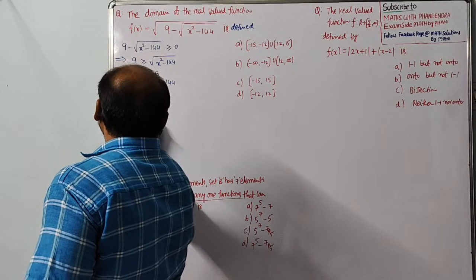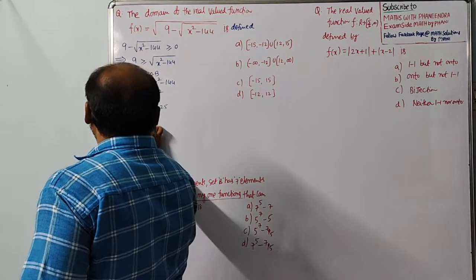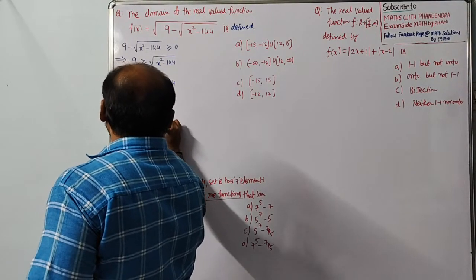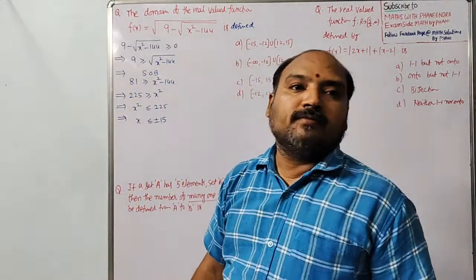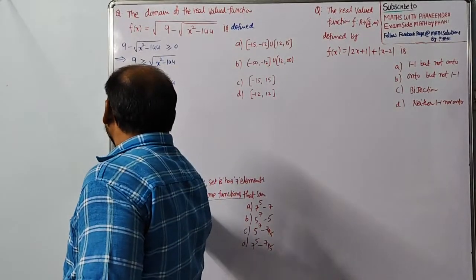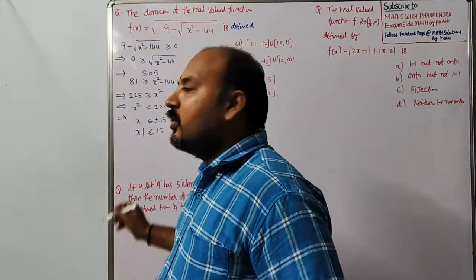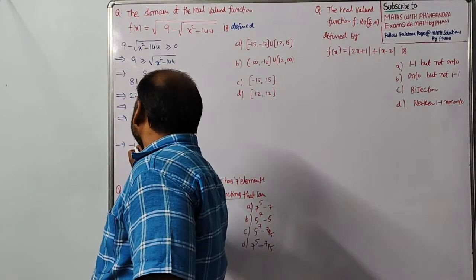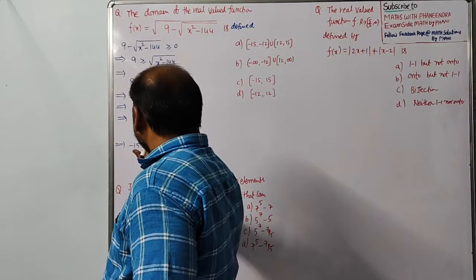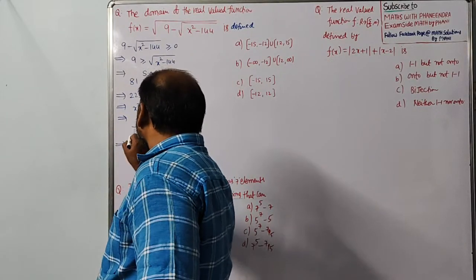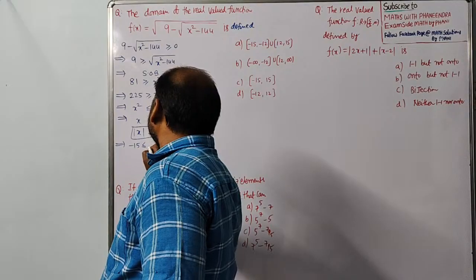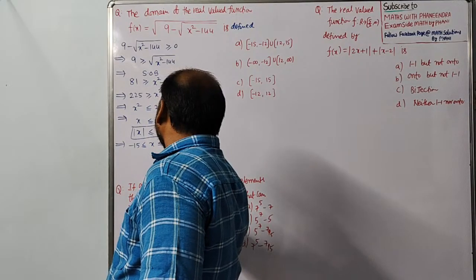That implies that x is less than or equal to plus or minus 15. So that also, if you remove plus or minus here, mod x is less than or equal to 15. We can write it as minus 15 is less than or equal to x is less than or equal to plus 15.